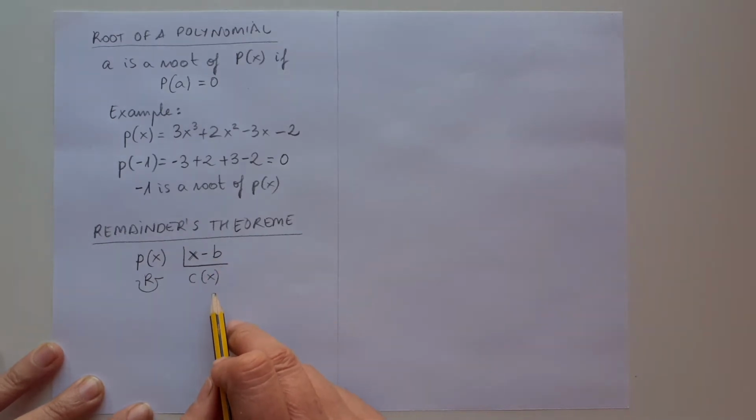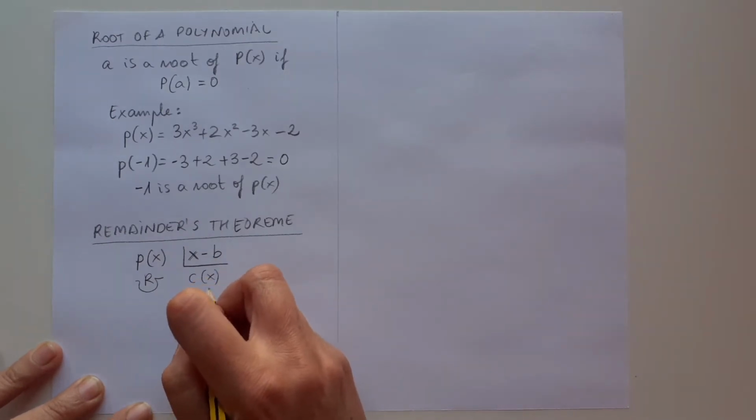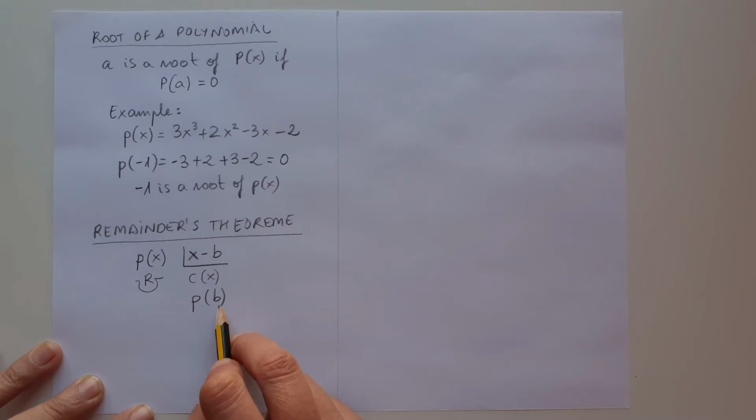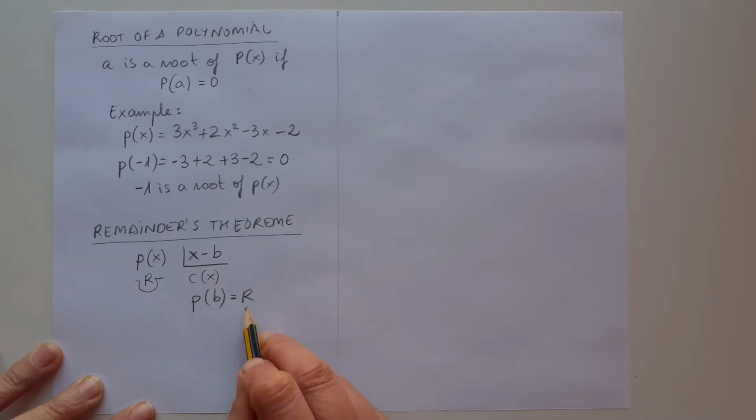And this theorem says that if we calculate p of b, so the numerical value of the polynomial placing b in the variable, we will obtain the value of the remainder.